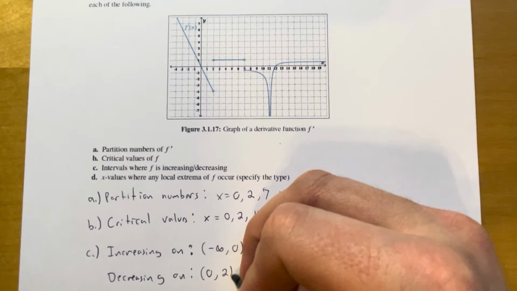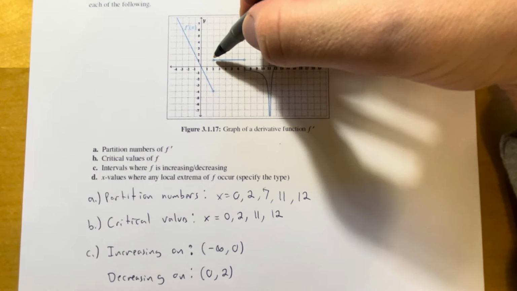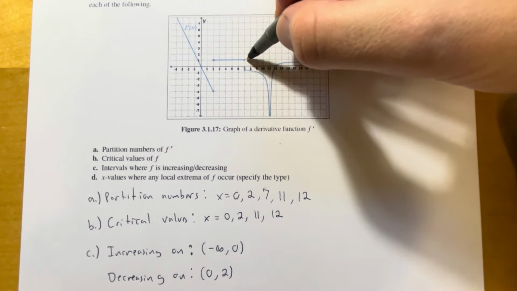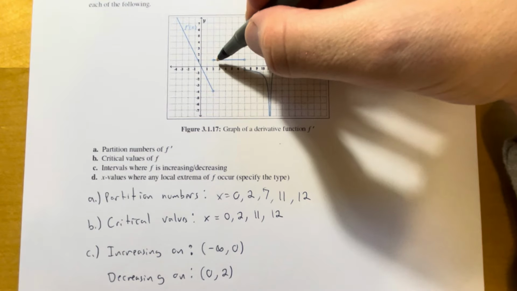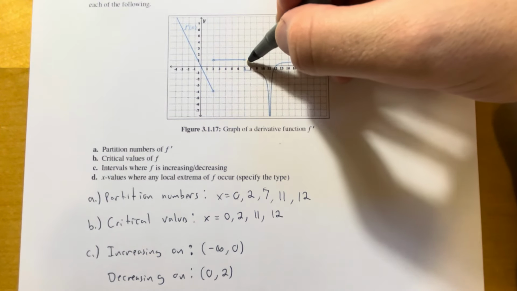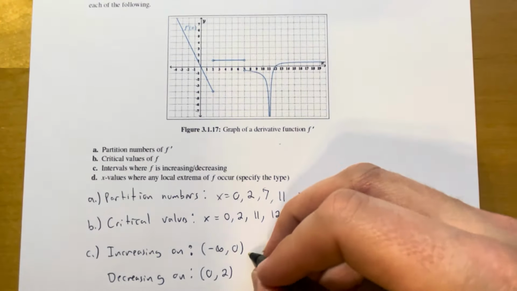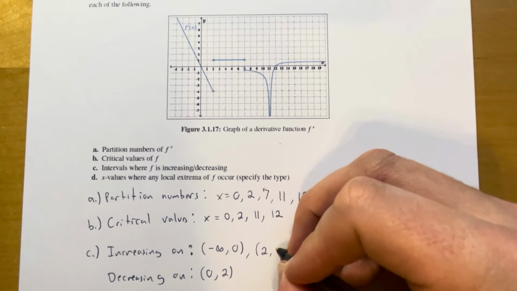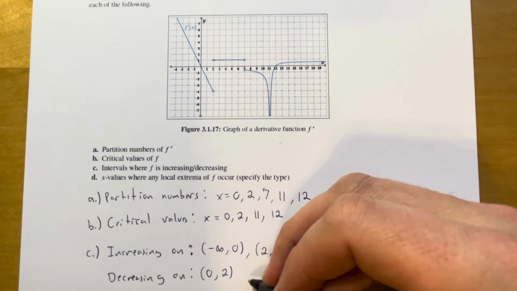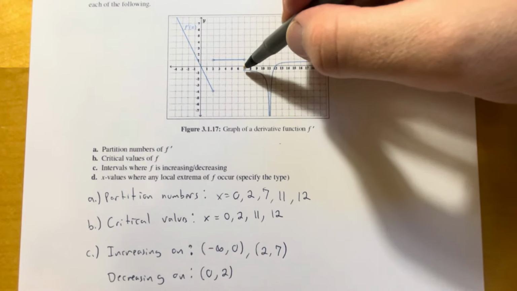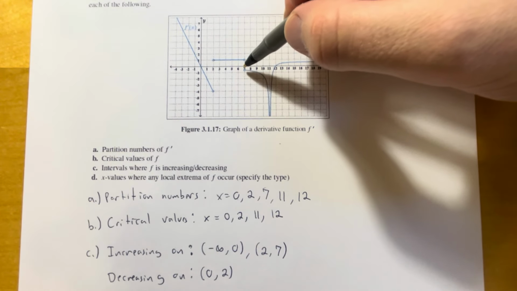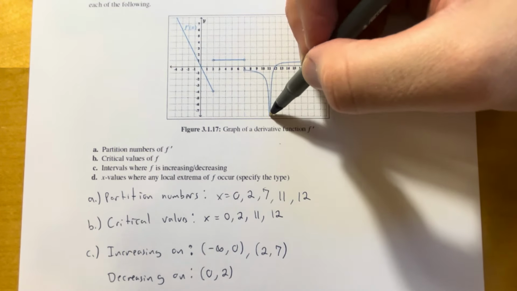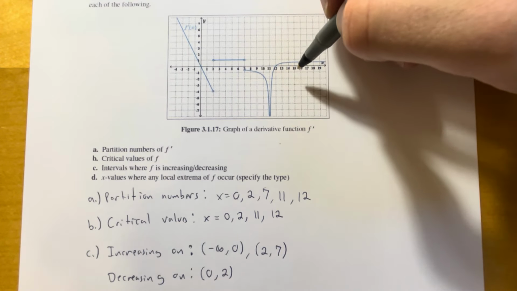And then it's increasing from 2 to 7 because, again, notice that our graph is positive that whole time. So from 2 to 7, like that. And then my graph is negative from 7 to 11, and then still negative from 11 to 12.